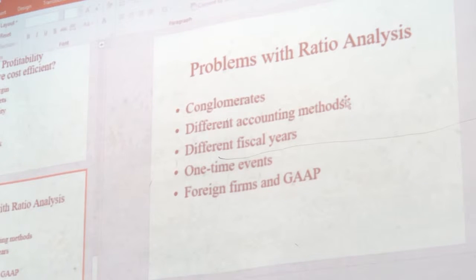So how do you find benchmarks for a firm like GE? JCPenney falls in one industry, and the other members of that industry are Macy's, Dillard's, and other stores. But GE falls in multiple industries, so they present consolidated statements.